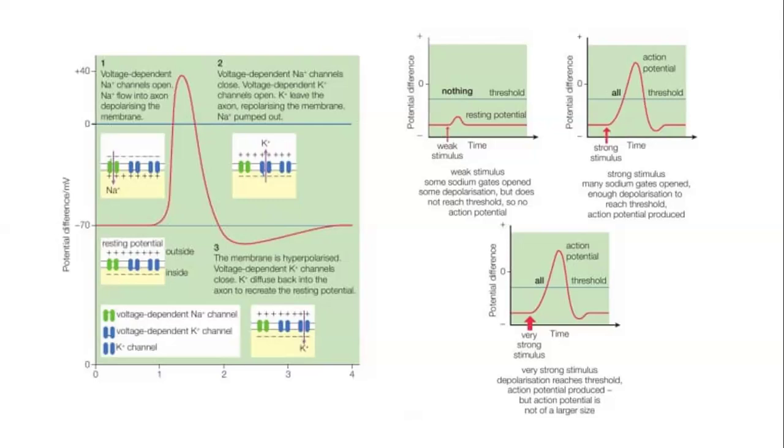Can you just think and tell me? Did you understand my question? I'm asking, in a very strong stimulus, why is the action potential size not large?